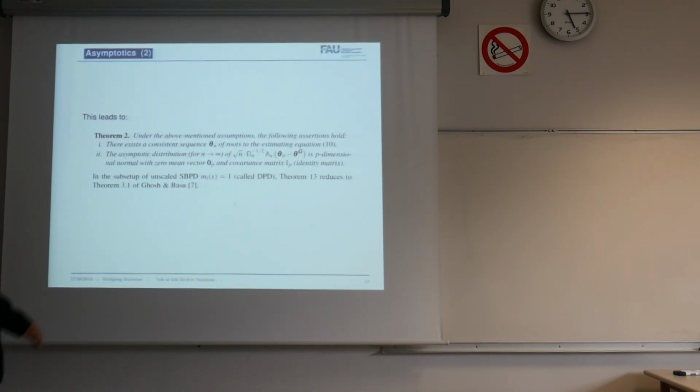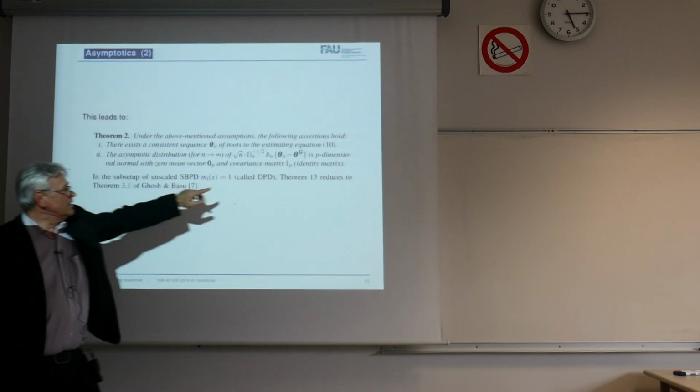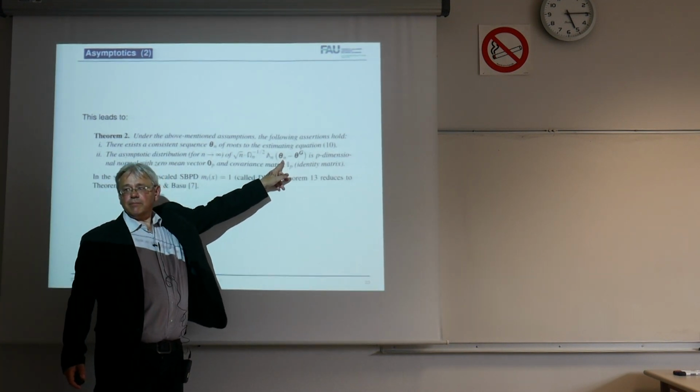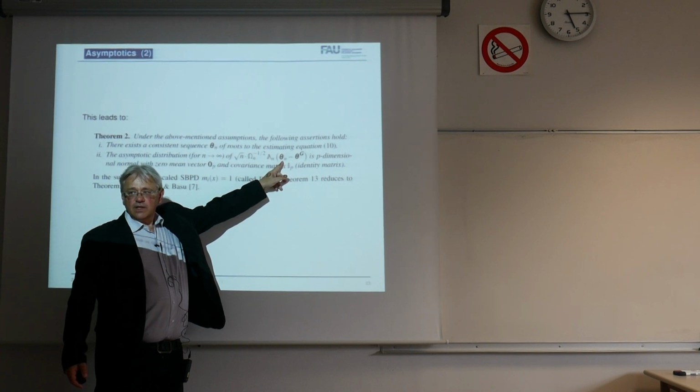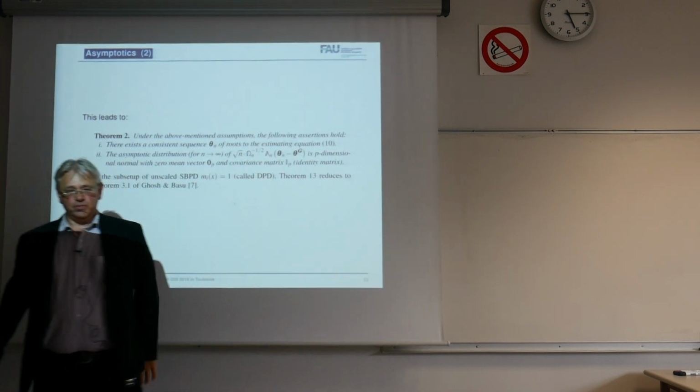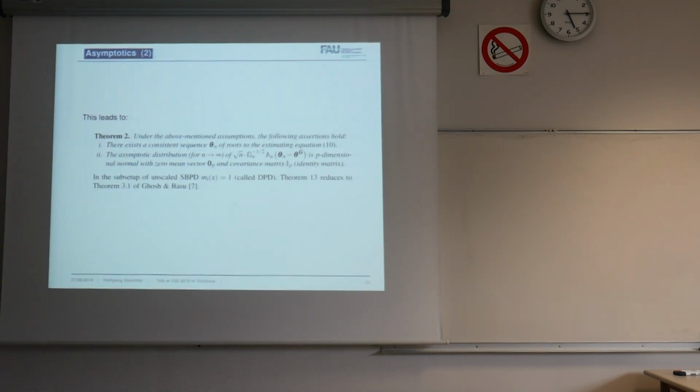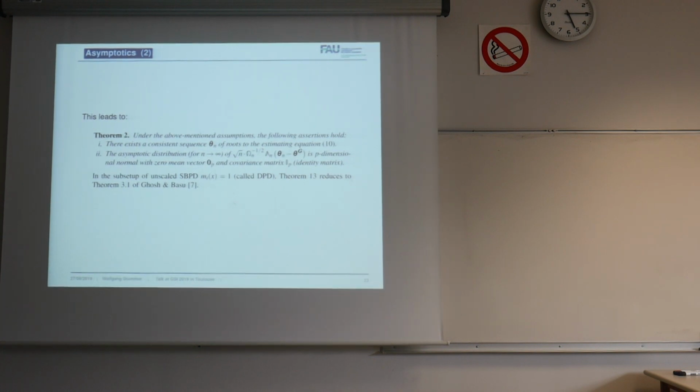The other important thing is that the asymptotic distribution of the estimators with sample size n is approximately normal. That's what you expect, but of course the proof is quite lengthy, so it's not so obvious. Good. So for this part, this is done.